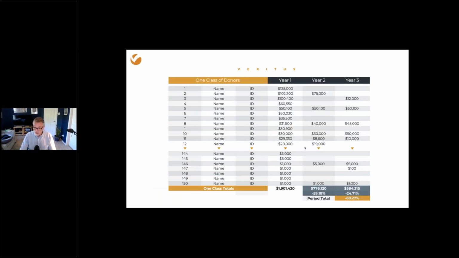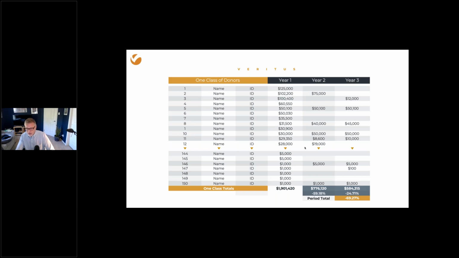Here's another way to see it. This is one caseload, an actual caseload of 150 donors. It was a very strong caseload of $1.9 million of value. So in year 1, all of these donors gave $1.9 million. The next year, the same donors only gave $776,000.